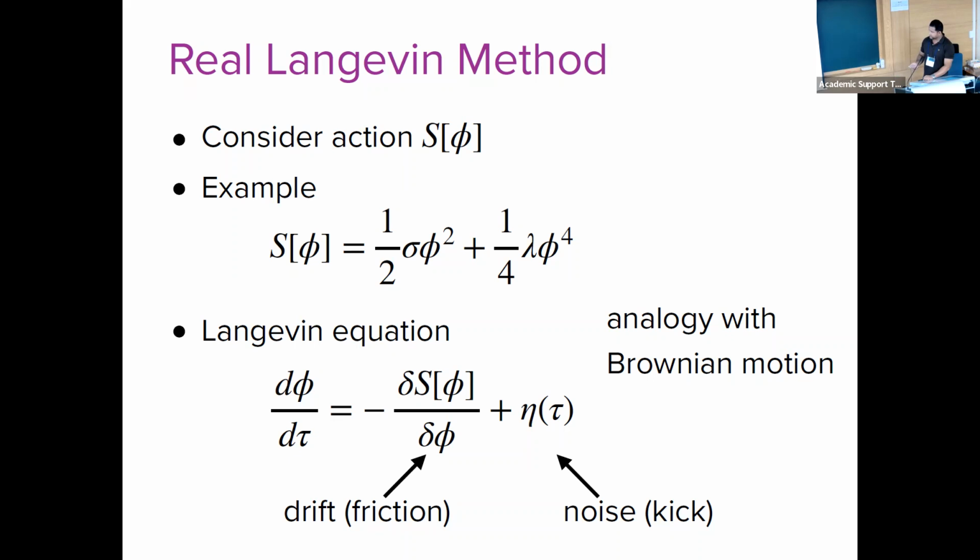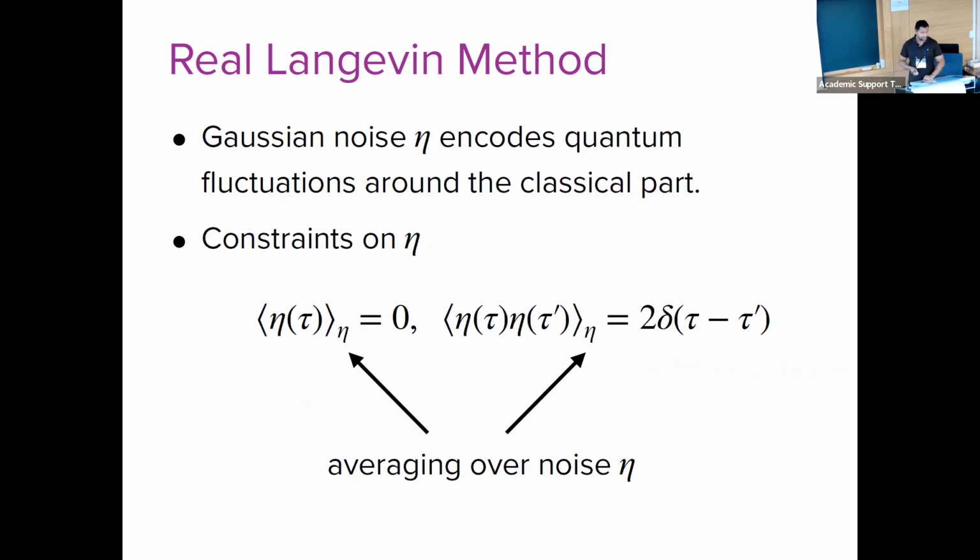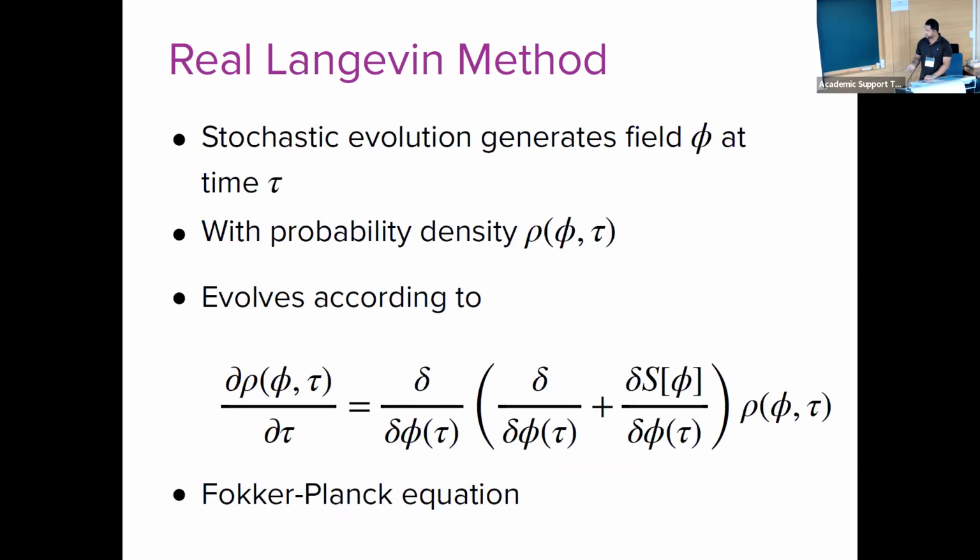Here we have a drift term, which is the gradient of the action, and this is similar to friction in Brownian motion. And we have a Gaussian noise, which is similar to the kick in Brownian motion. The Gaussian noise eta contains quantum fluctuations in the context of quantum field theories, and the gradient term is the classical part.